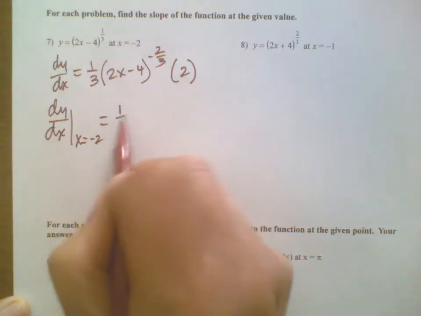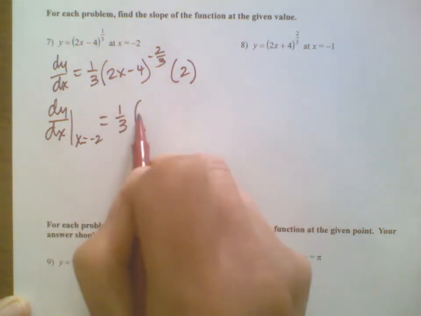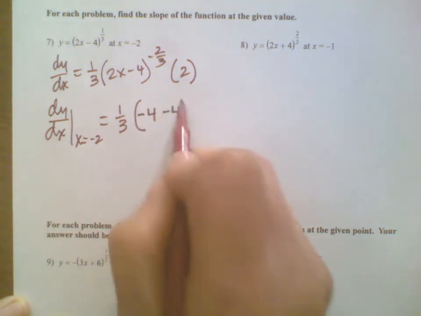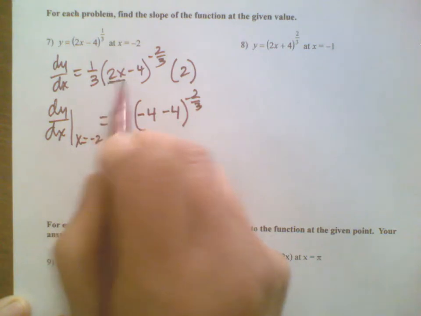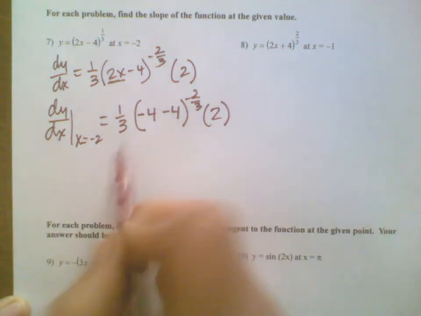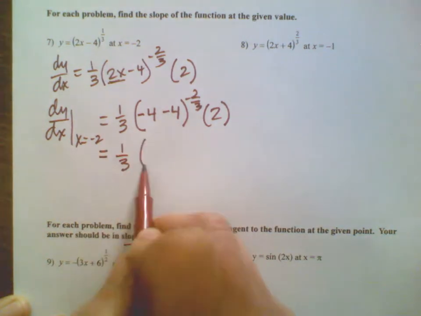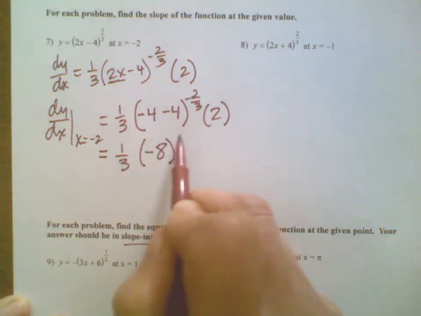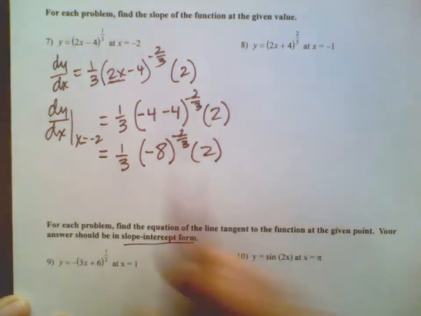So I get 1/3 times 2 times negative 2 is negative 4, minus 4 to the negative 2/3. Again, that's right here. I plugged in negative 2 times 2. And this becomes 1/3 times negative 8 to the negative 2/3 times 2.